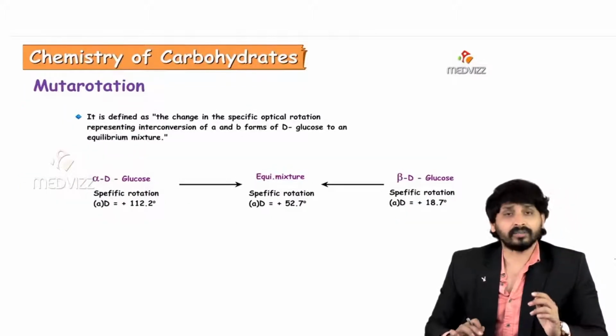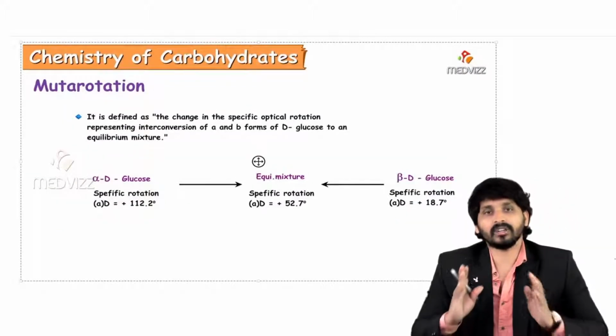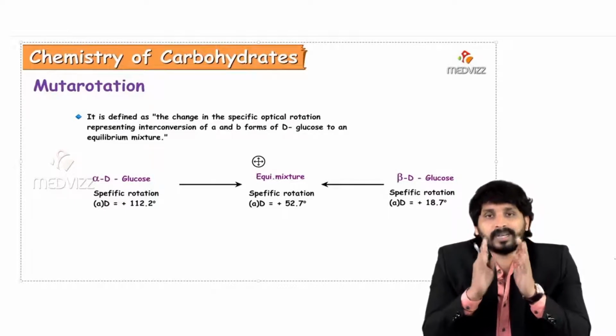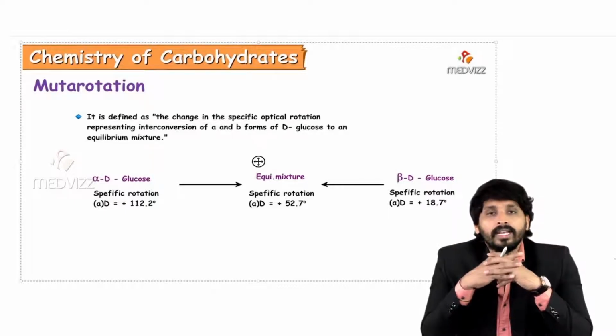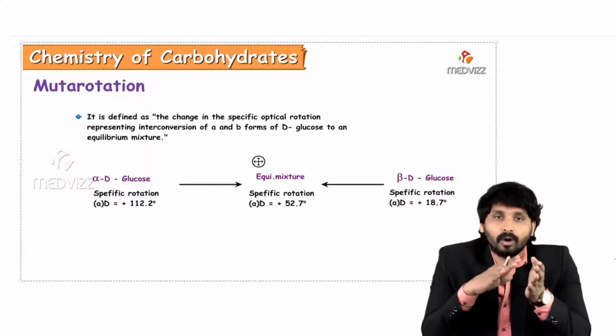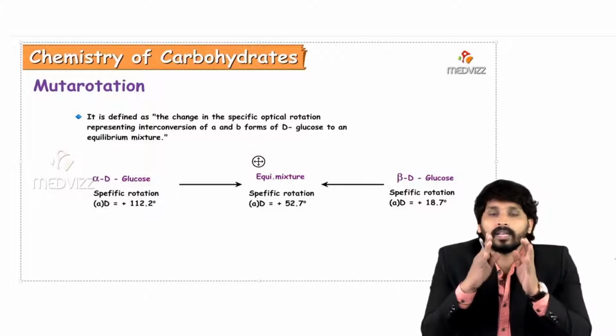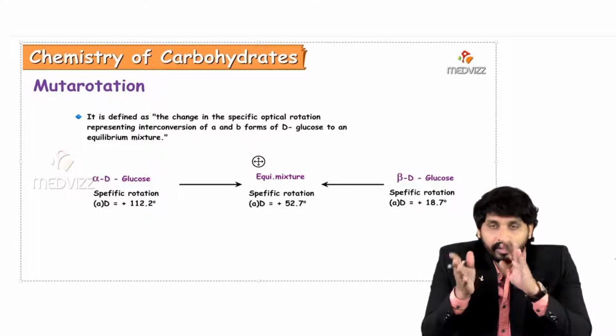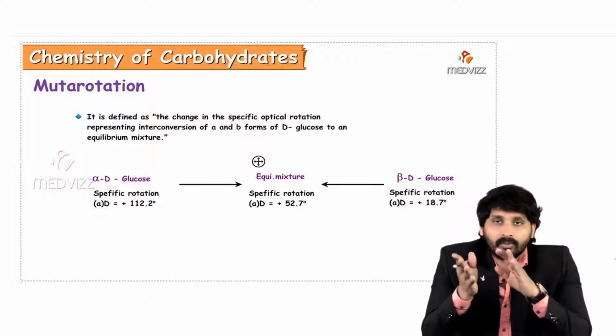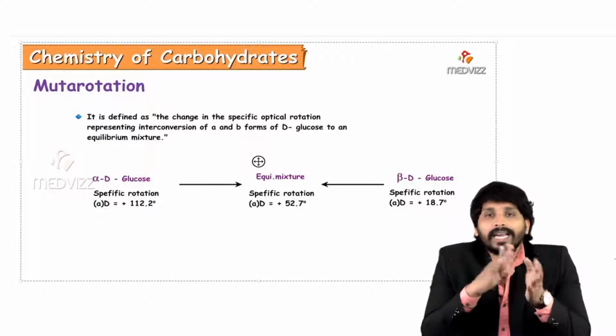So mutarotation. How do you define it? The change in specific optical rotation on interconversion of the alpha to beta form, measured using optical activity.